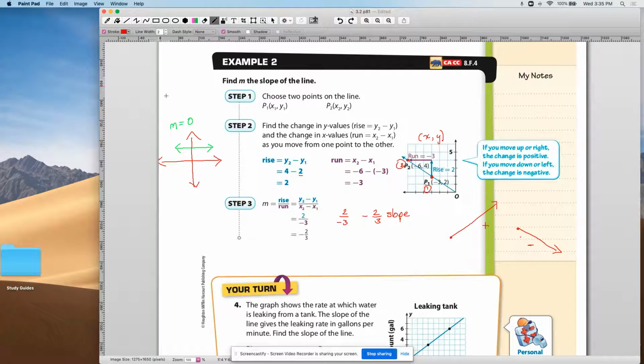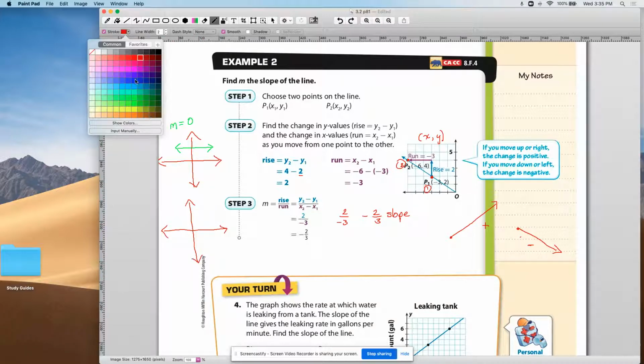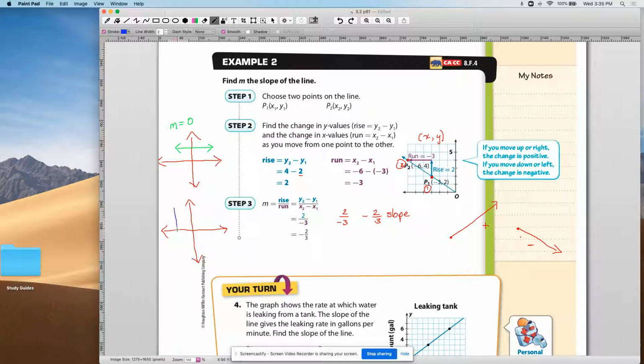If I have a line that's going straight up and down like this, the slope is going to be what we call undefined.